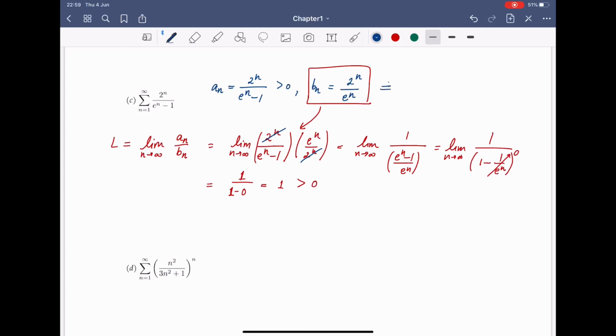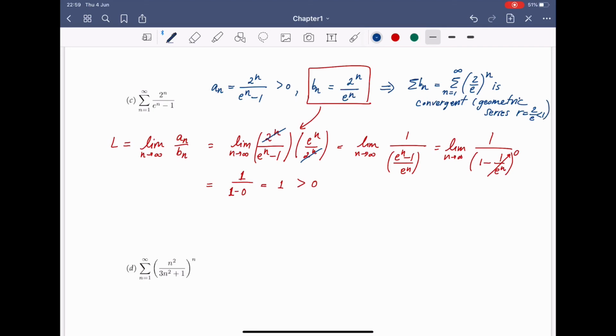So the summation of b_n is the summation of 2 over e to the n, right? And this is convergent, because this is a geometric series with r equal to 2 over e, which is less than 1.